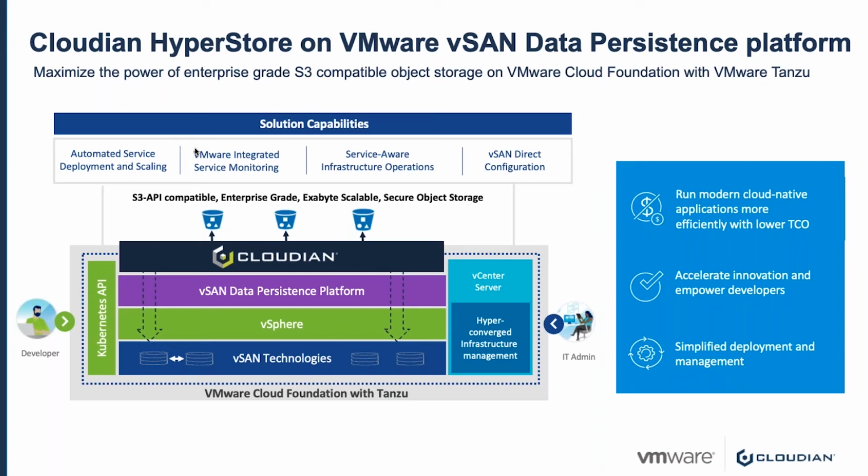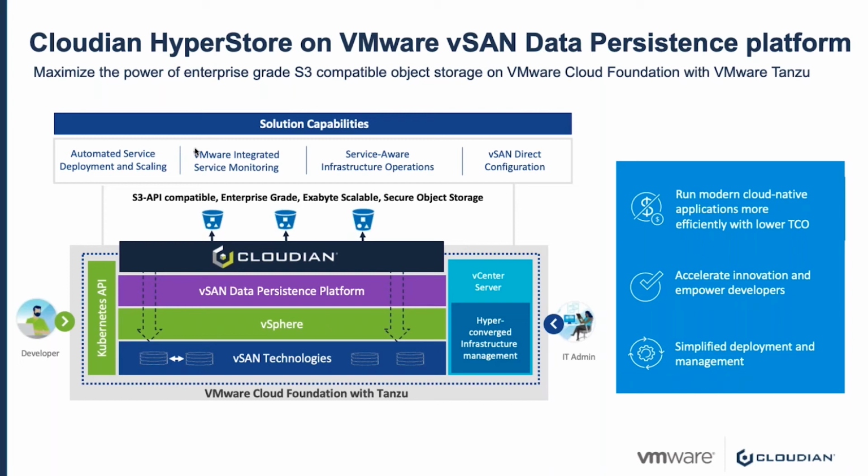It brings you all the enterprise security and data management capabilities, and brings in S3 API compatibility that is by far the best in the industry, so that when you're building modern applications, you can be assured that you have the S3 API compatibility, so that you get the rich ecosystem of all the applications that have been built with S3, or even if they are your custom applications, you have the data management that comes with enterprise grade, so that you can start small, you can scale seamlessly, deploy Cloudian as a container on the platform, manage everything through vCenter and the Kubernetes APIs, and be able to get the full benefits.